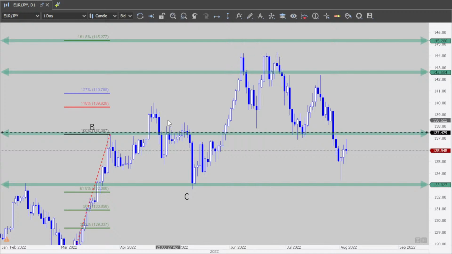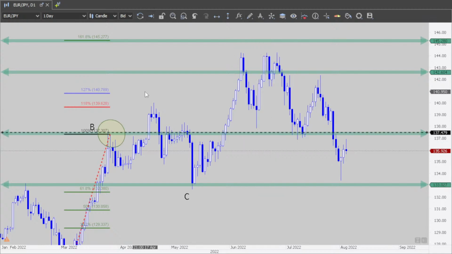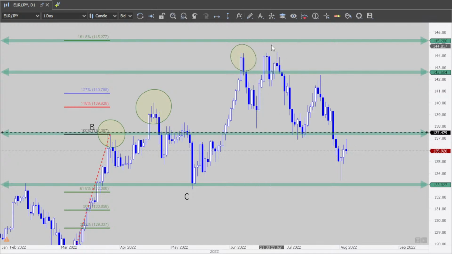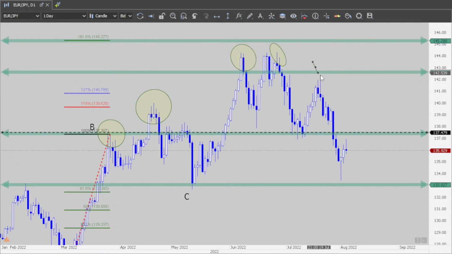Should we start our contrarian at the B? Should we start our contrarian at the second circle? Should we start our contrarian at the third circle? Or should we start our contrarian at the fourth circle? Or should we start our contrarian Fibonacci at the fifth circle?